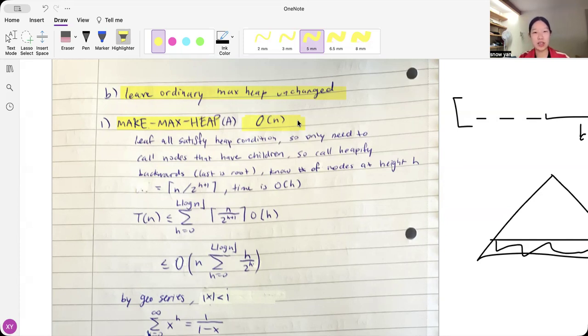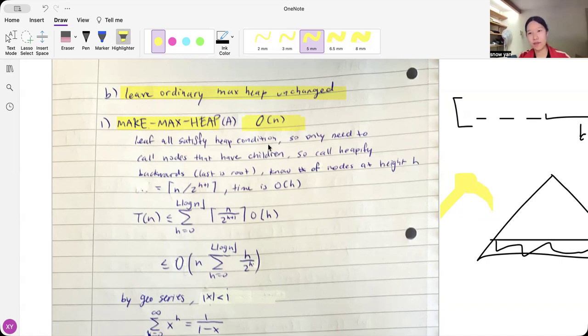So for make max heap, we can consider the heap condition, right? The heap condition is that a node is valid if it's greater than both of its children, if they exist.